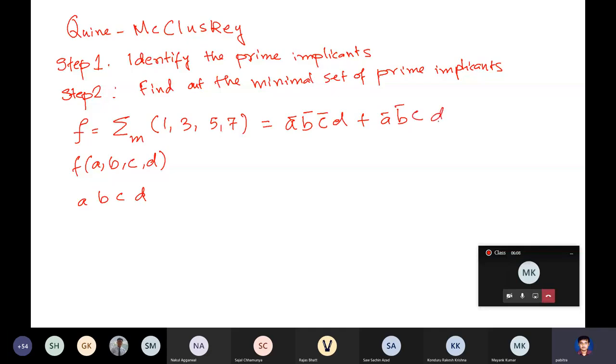Similarly 5. For every minterm, I'll write it in this form, the same 1, 3, 5, 7. So this is 0, 0, 0, 1. This is 0, 0, 1, 1.